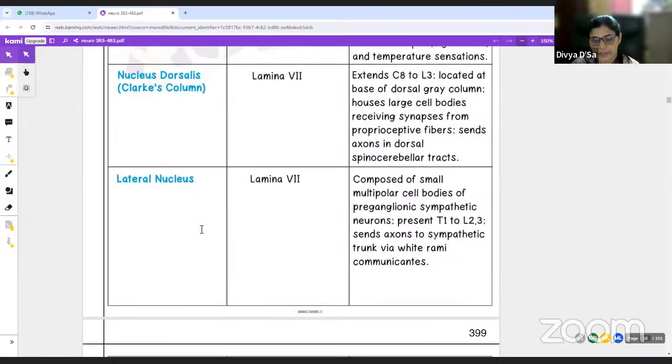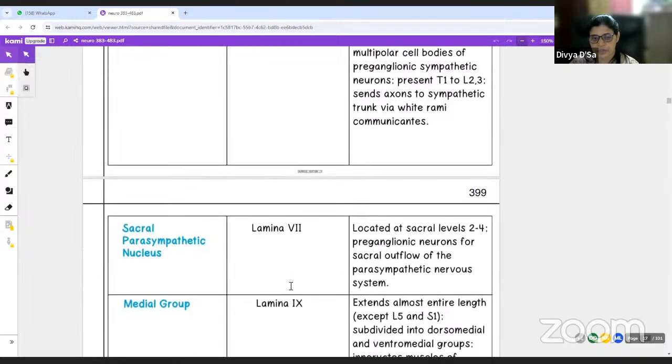Then we have the lateral nucleus, which belongs to lamina 7 again. It is composed of small multipolar cell bodies of preganglionic sympathetic neurons. It is present from T1 to L2, L3, and it sends axons to the sympathetic trunk via the white rami communicantes.